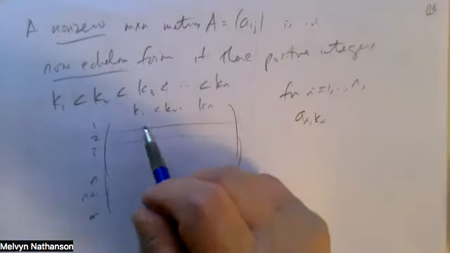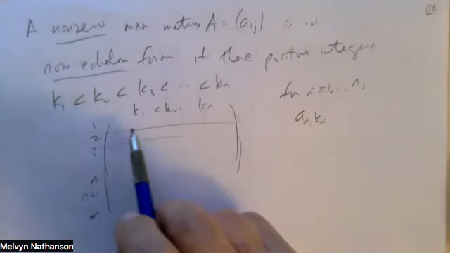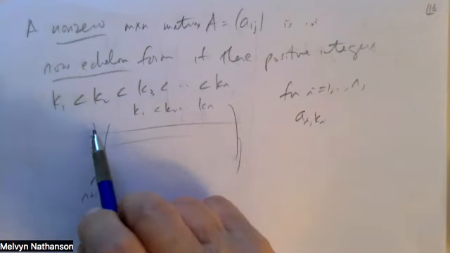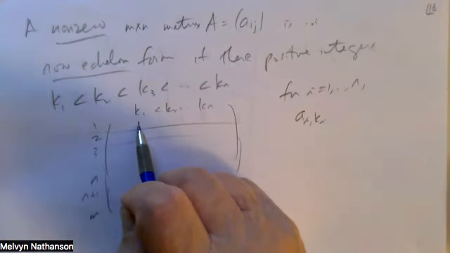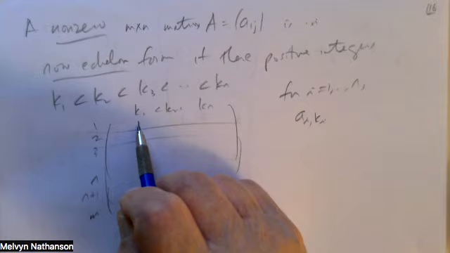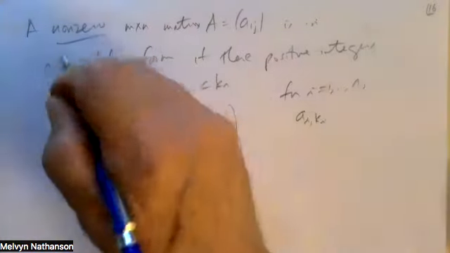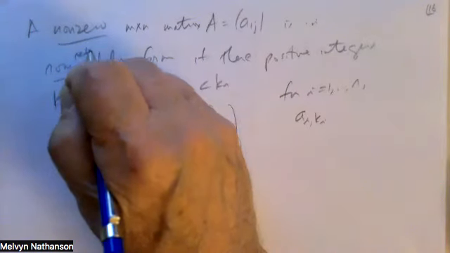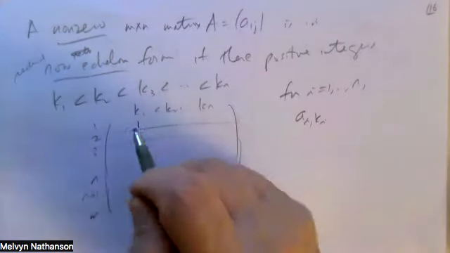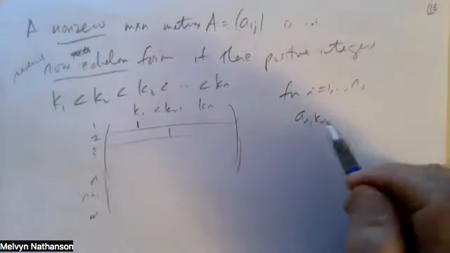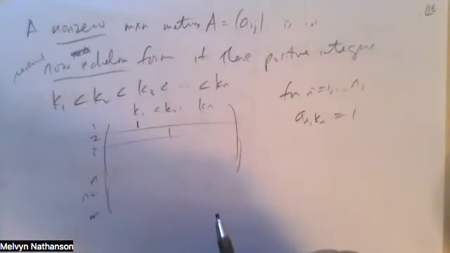So A1, k1: in the first row in the k1 column, you have an entry which is non-zero. Actually, I'm just going to make this define reduced row echelon form. A sub I, k sub I is equal to 1 for I going from 1 up to R.